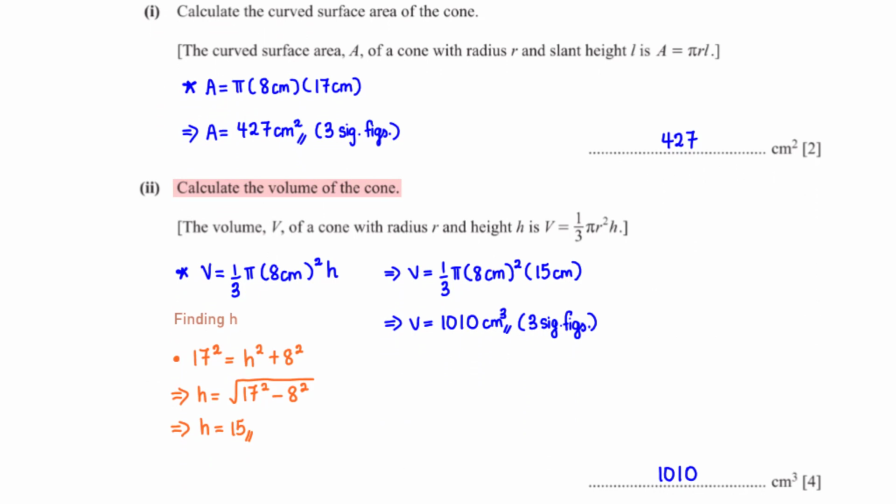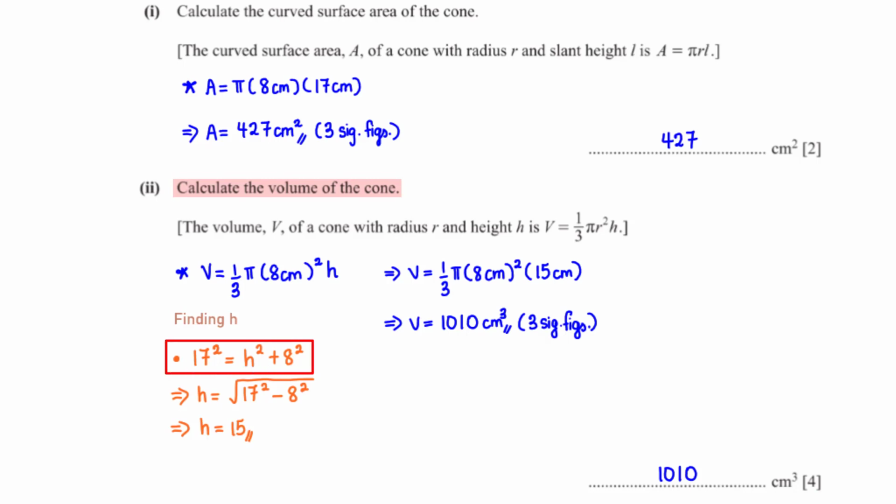Calculate the volume of the cone. We've been given the formula for the volume of the cone as 1 over 3 pi r squared h. We know the radius r of the cone is 8 centimeters. We've not been given the perpendicular height h of the cone. We can find h by applying the Pythagoras theorem to the right-angled triangle formed between the perpendicular height, the base, and the slant height.